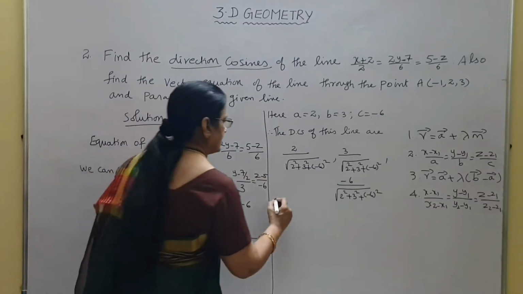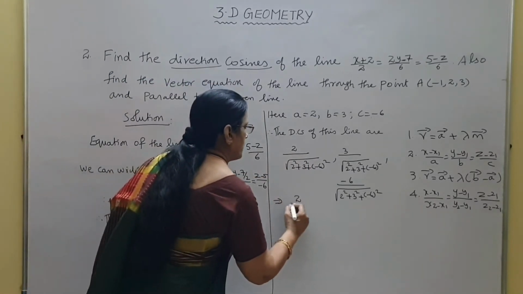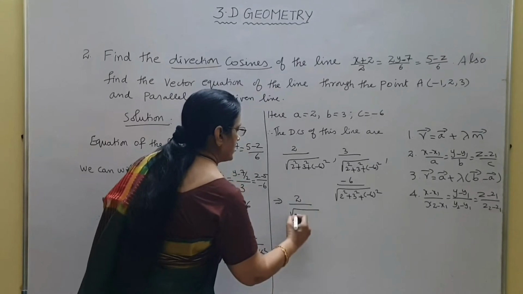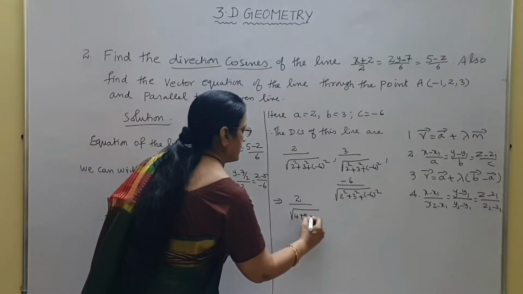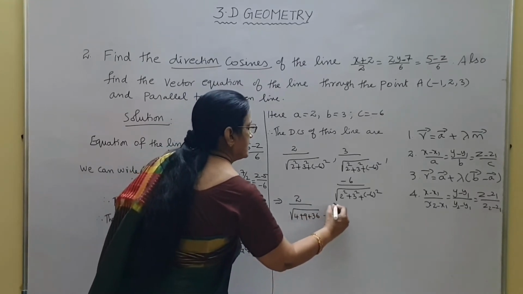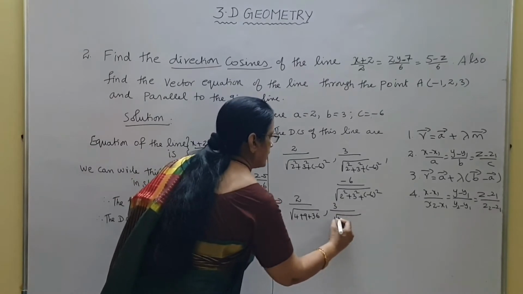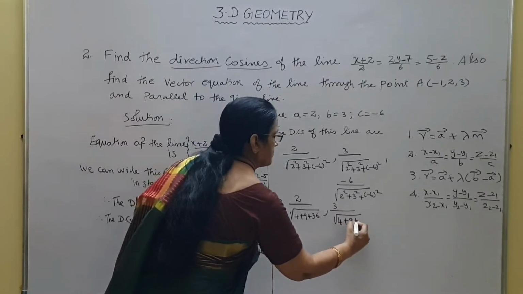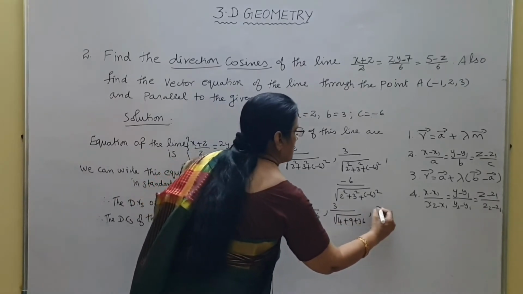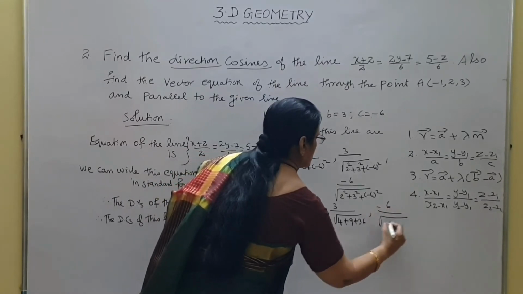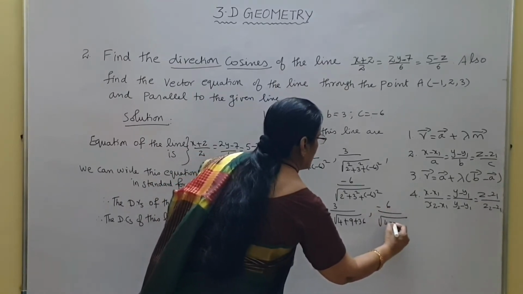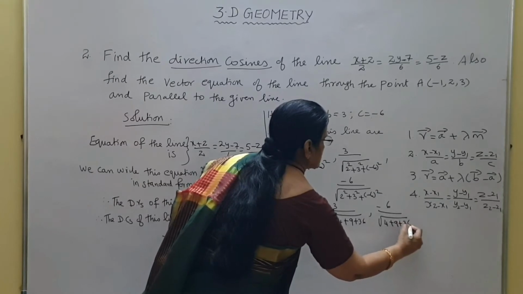We will be getting 2 by square root of 4 plus 9 plus 36, 3 by square root of 4 plus 9 plus 36, minus 6 by square root of 4 plus 9 plus 36.